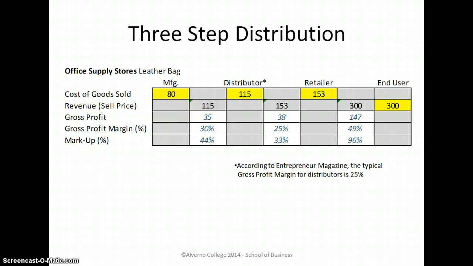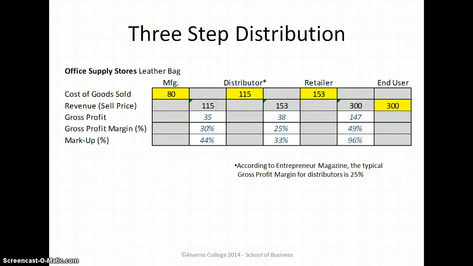The retailer, as we saw before, needs a 49% gross profit margin. So that means 153 is what they have to buy it from the distributor, and the distributor says, well, I need my 25% margin, so Mr. Manufacturer, I need to buy it from you for $80. So everybody's happy here. Everybody has their gross profit margins that they need.